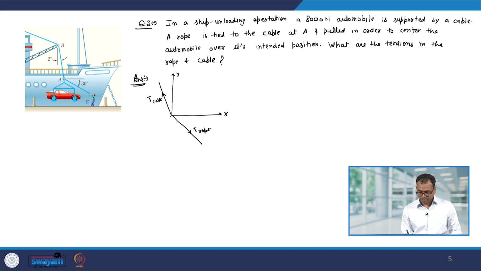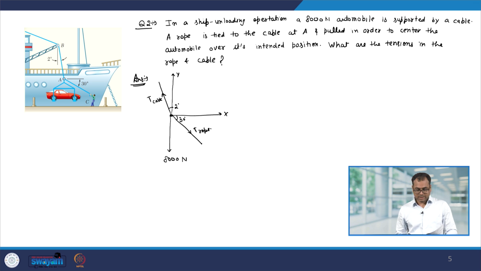The weight of the automobile is working downwards and it is 8,000 Newton. This angle is 2 degree and this angle is 30 degree. Note that both the tension T cable and T rope are acting away from the object. With this, we complete the free body diagram.